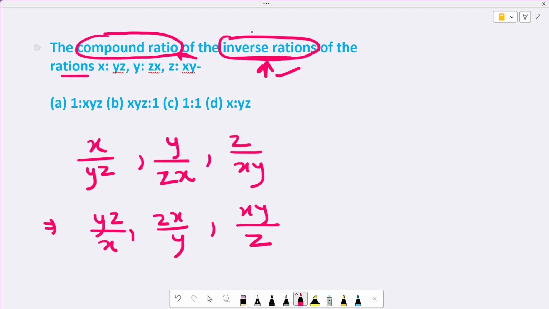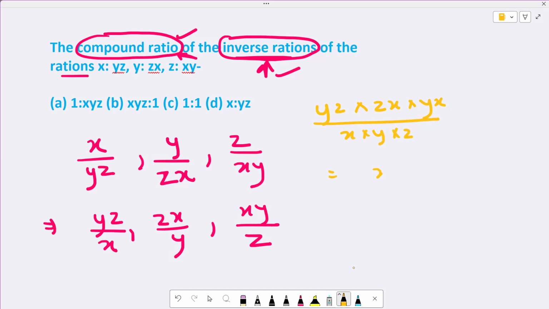The second term says compound ratio. Now what does compound ratio mean? Compound ratios are simply when we multiply all these ratios. It is a multiplication. So when you multiply these, we get yz multiplied by zx multiplied by xy upon x multiplied by y multiplied by z.